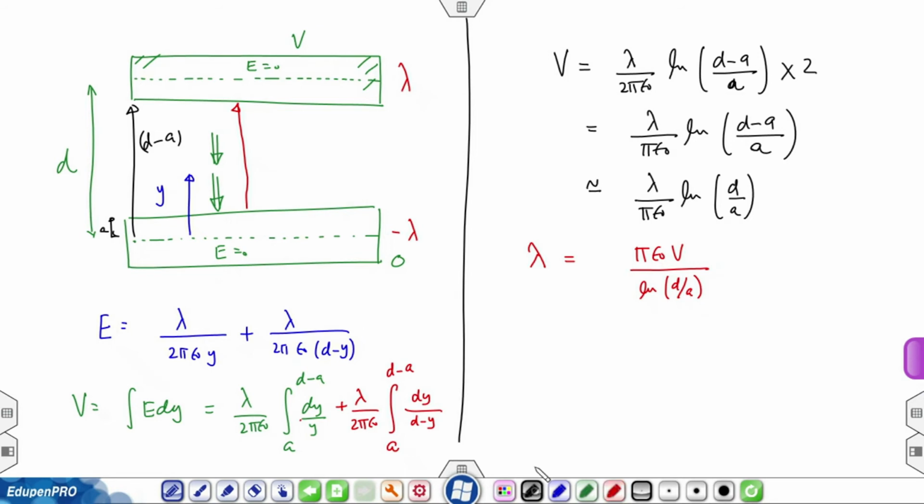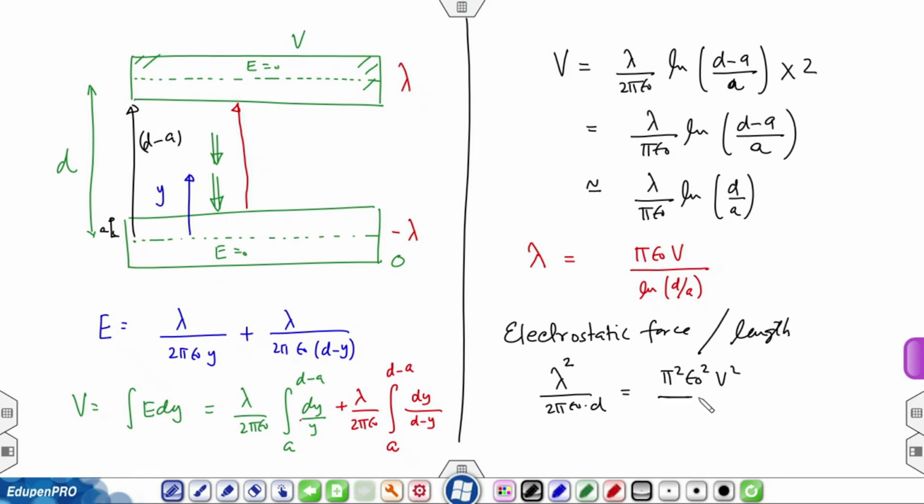And therefore, the electrostatic force per unit length between the two wires is going to be lambda over 2 pi epsilon 0 d times lambda. So, this is lambda squared over d, which is going to be pi squared epsilon 0 squared V squared over 2 pi epsilon 0 (log of d over a) squared times d.